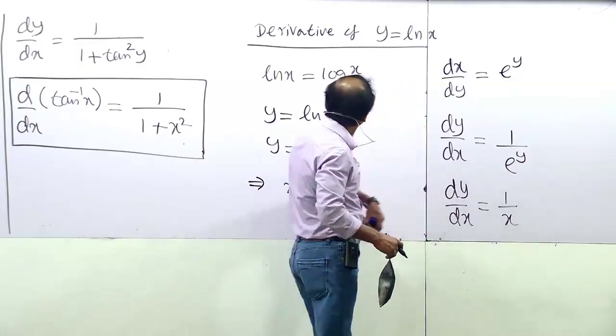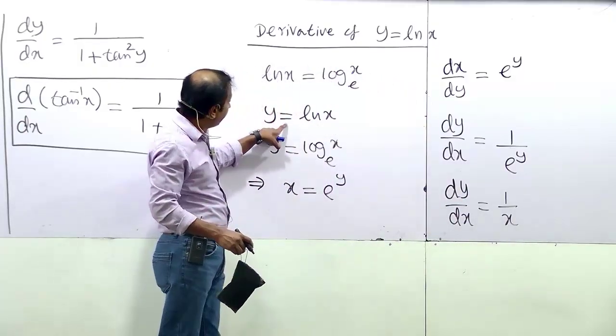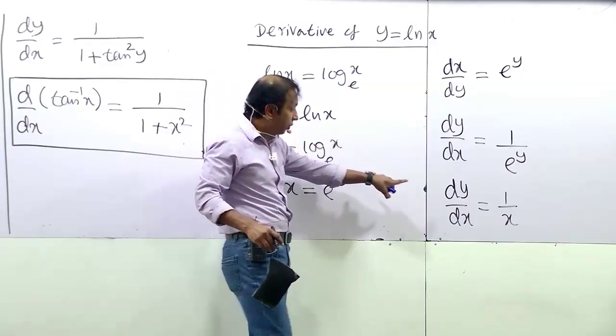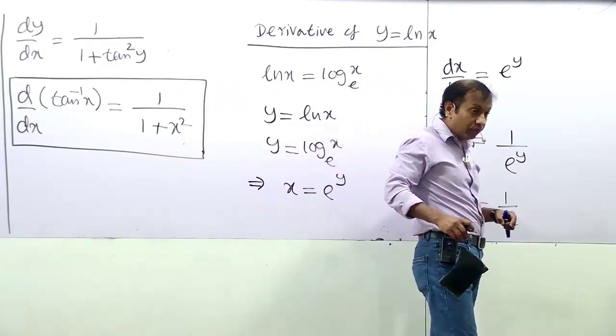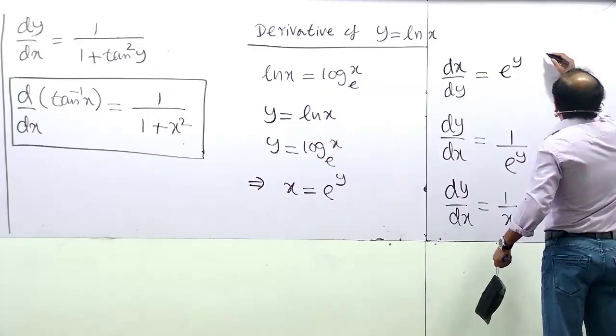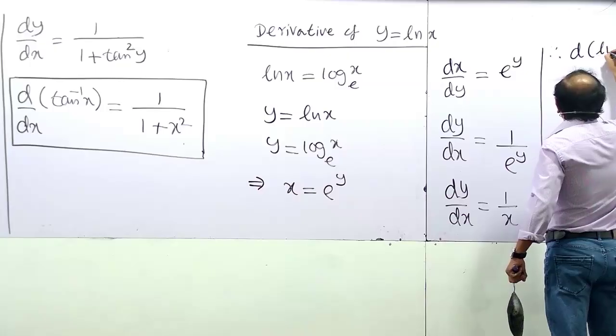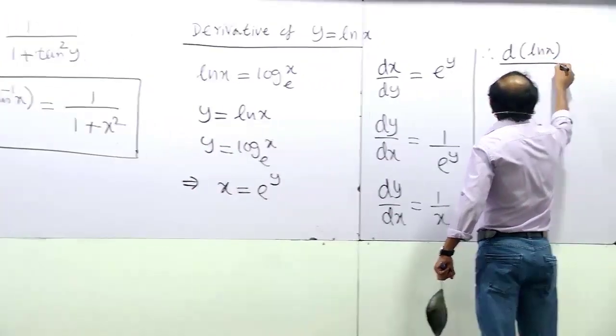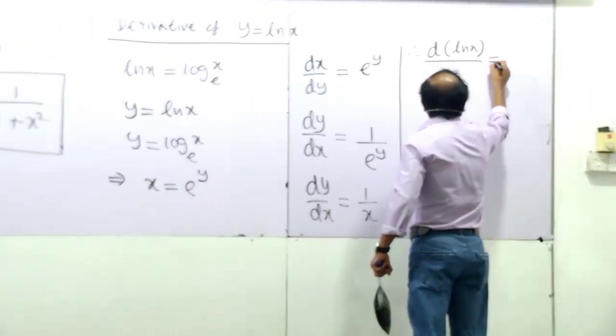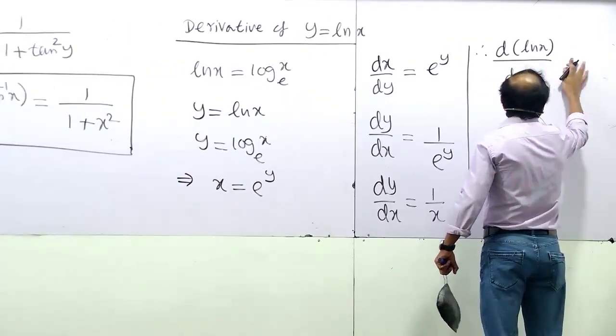But what is y? Y is ln x. Then we get the derivative of ln x as 1 over x. Correct? Therefore, the derivative of ln x with respect to x is 1 over x.